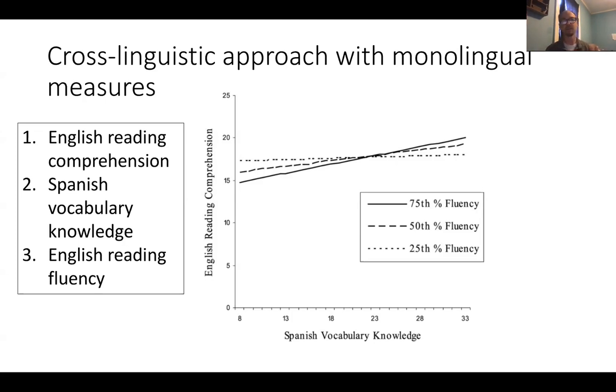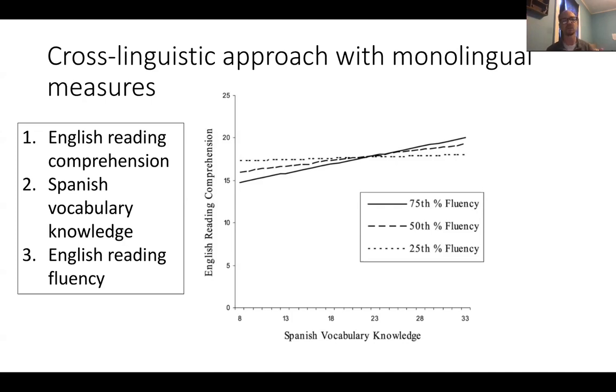And so basically what that says is, if you're already a good English reader, maybe that frees up cognitive energy for you to apply your Spanish vocabulary knowledge to the task of English reading. Or at least that's one interpretation of it. Even at the 50th percentile, that middle group who are average English readers do see an effect of Spanish vocabulary on their English reading.